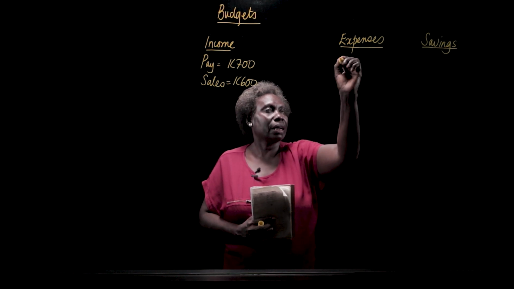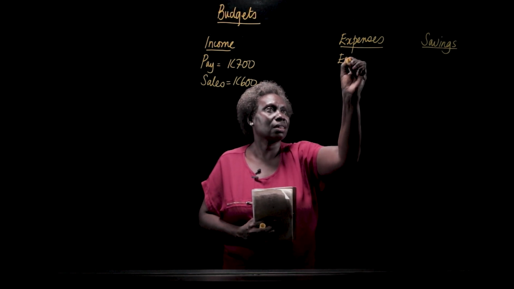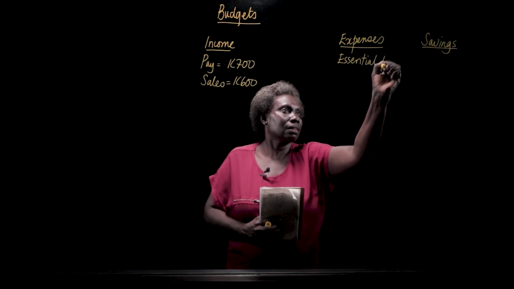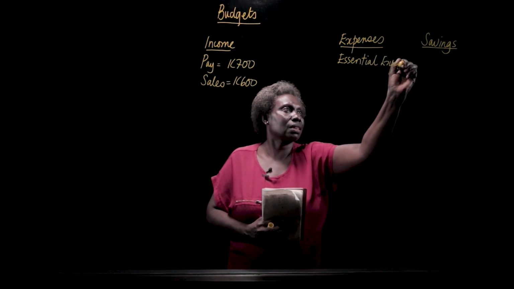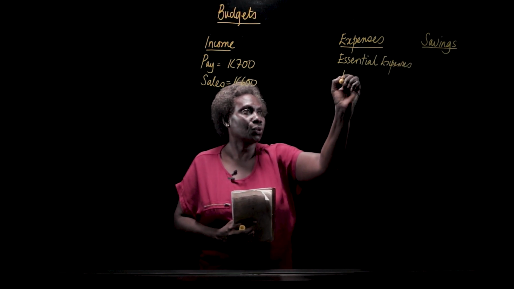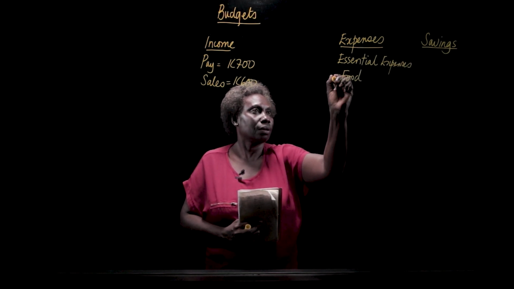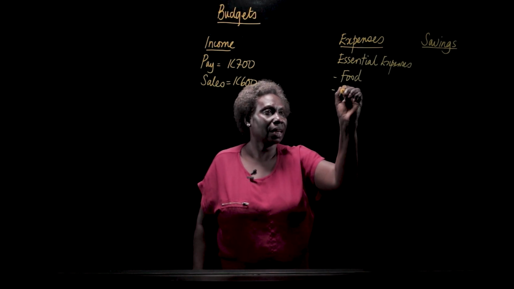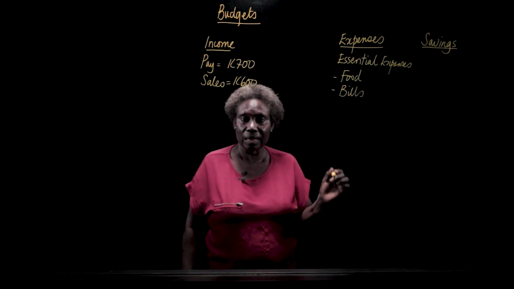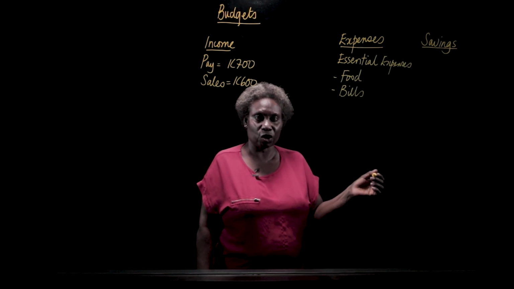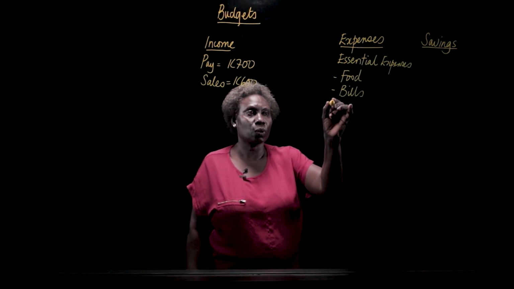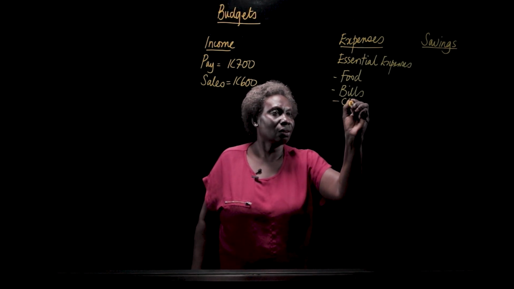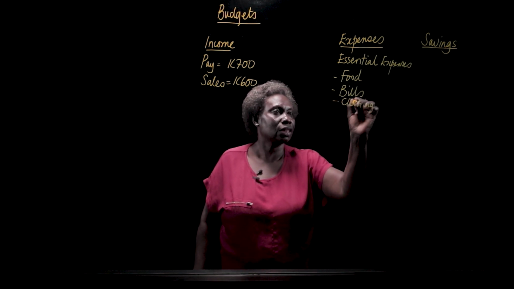So under essential expenses, we have food, we have bills. Under bills, we know it covers rents and any other bills that you pay, electricity bills, water bills, and so on. Then clothing, of course, we do need clothes. We need to wear clothes.